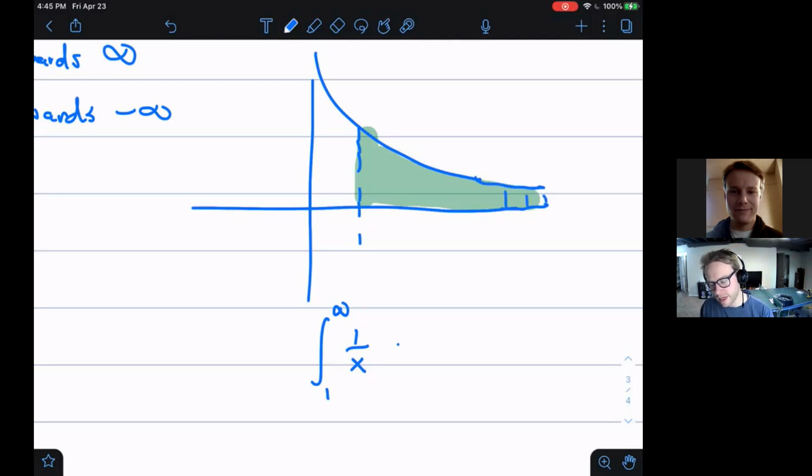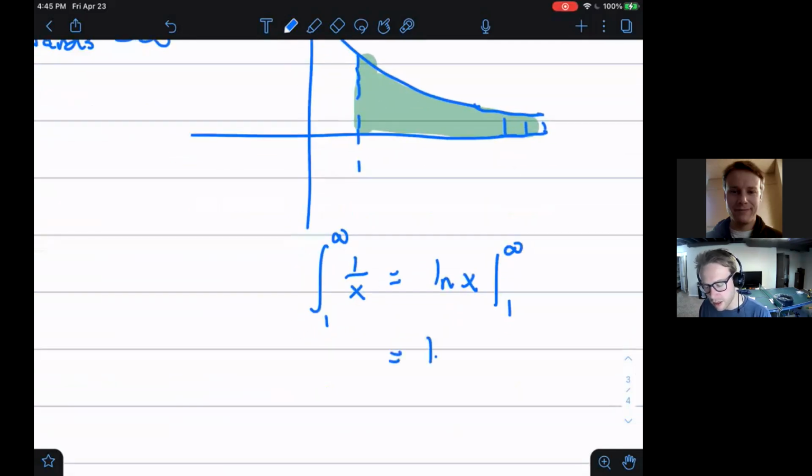And yet we know for this that when you add these all up, this is going to be the natural log of x as we go from 1 to infinity, and the natural log of infinity is indeed infinite. So even though you're adding on smaller and smaller values, it does slowly take you to infinity. You do eventually surpass every finite value.